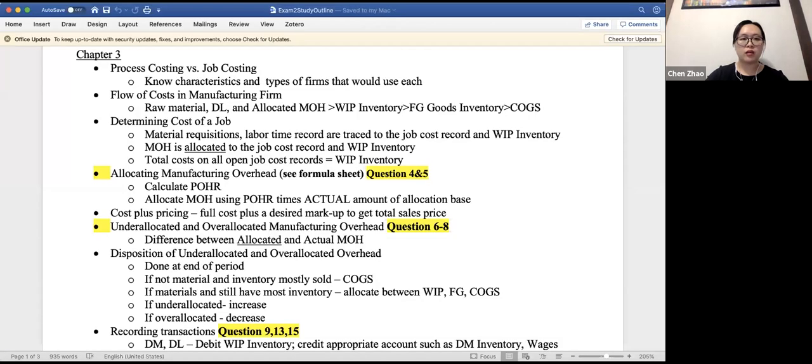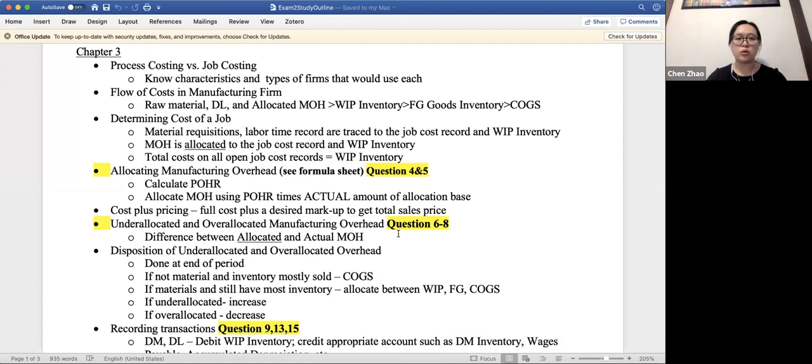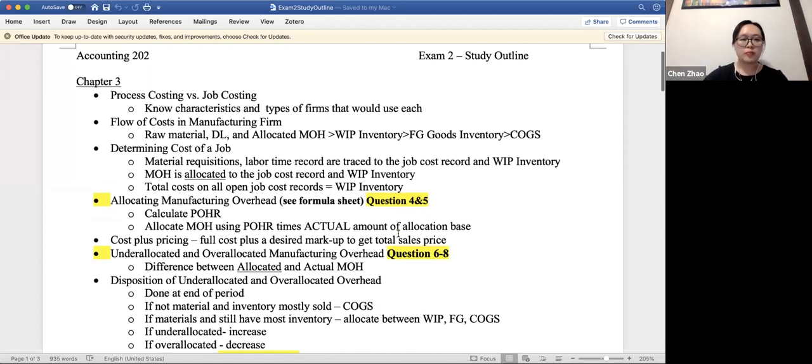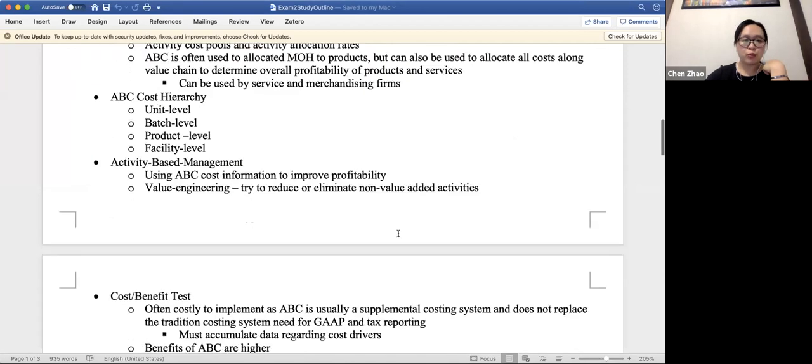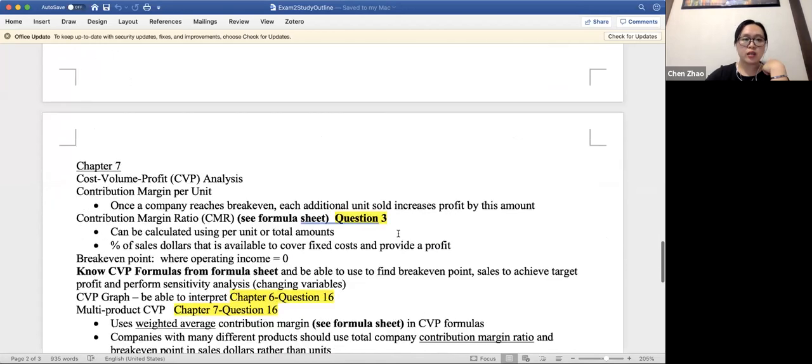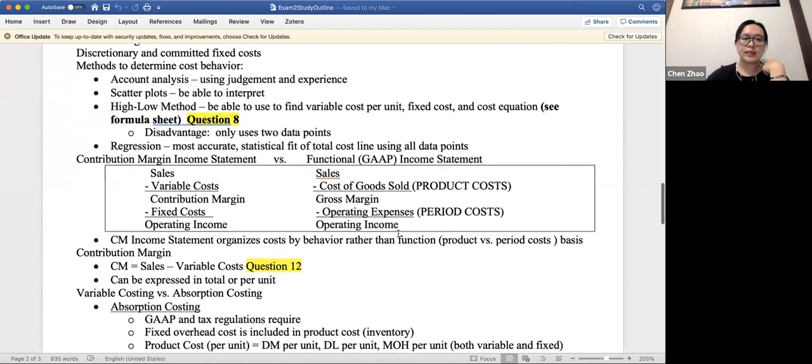Let me pull out the study guide. If you have this file, you can also open it yourself or take notes, whatever works for you. Our exam 2 is going to cover 4 chapters: 3, 4, 6, and 7.